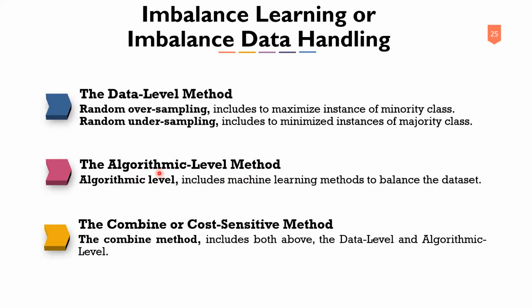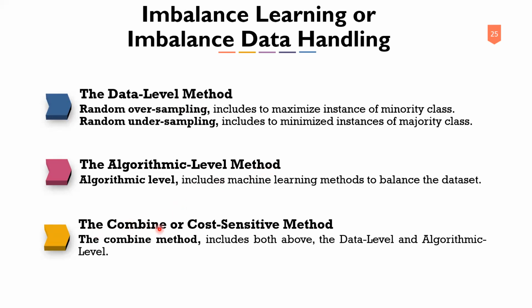Random forest is a classification algorithm, and we make certain changes in the classification algorithm, and that would balance the dataset and train the model as well. So if we make certain changes in the algorithm or in the classification techniques, then that model would be known as an algorithmic level method.